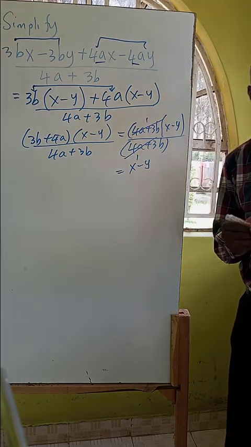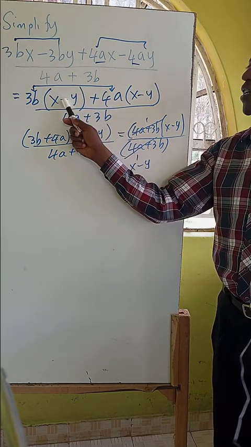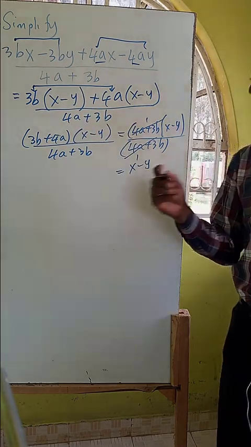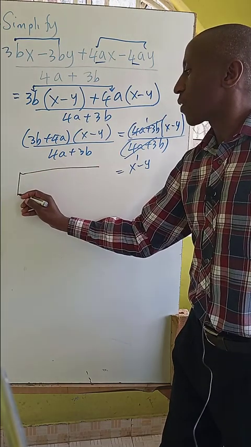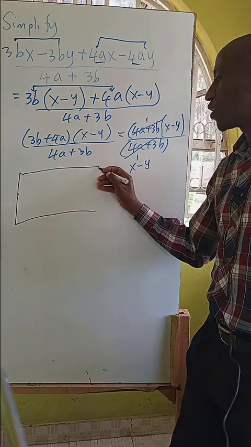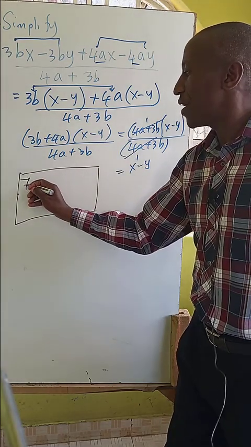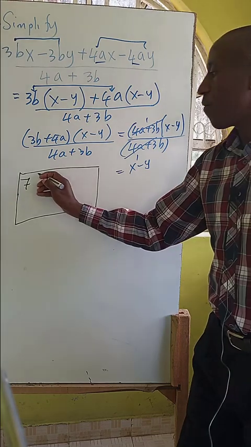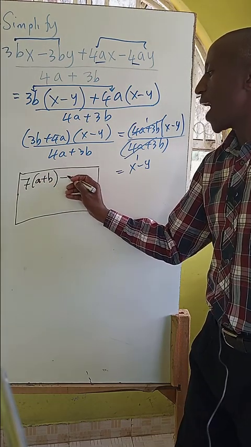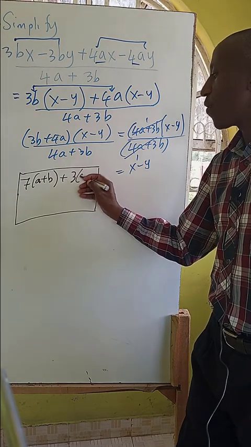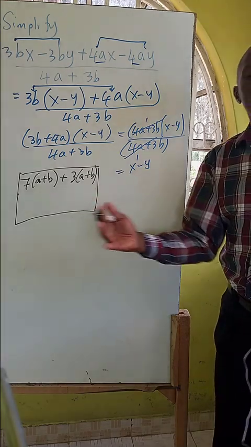A very important point that sometimes students ask is, how are we doing this one? I want students to take, for instance, a case of this example that I'm going to put here in the box, whereby you have 7 of A plus B, and we are adding 3 of A plus B. What is the sum total?